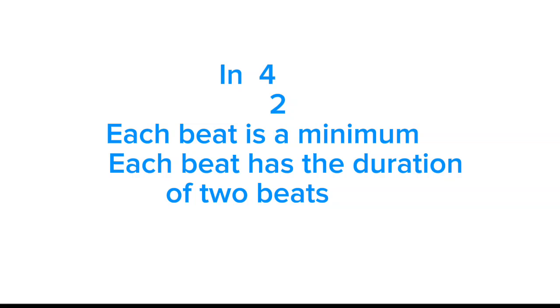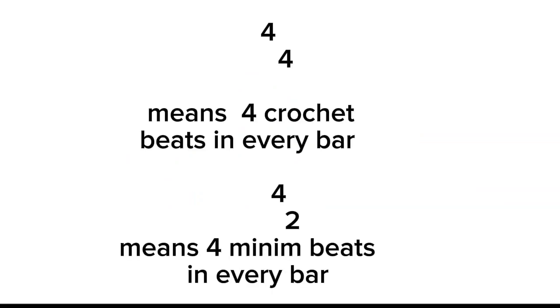You can get the difference between them now. This one is 4/4, this one is 4/2. In 4/4 there are 4 beats. In 4/2 there are also 4 beats in every bar. But the difference is that for 4/4 each beat is 1, but for 4/2 each beat has the duration of 2 beats.